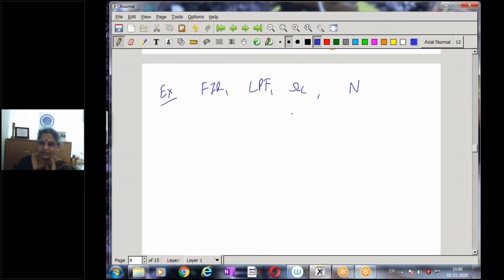Given this statement, since it's mentioned that it's a low pass filter, let's consider the interval minus pi to plus pi. This is the magnitude response of a low pass filter.